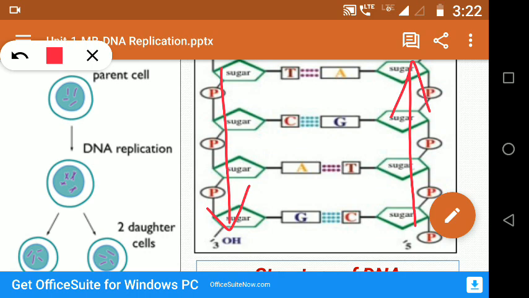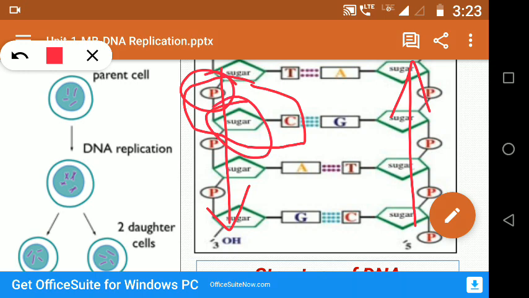and each and every monomer of DNA is a deoxyribonucleotide. So suppose this is a monomeric unit, which contains a 5 prime phosphate, a deoxyribose sugar, and a nitrogenous base.